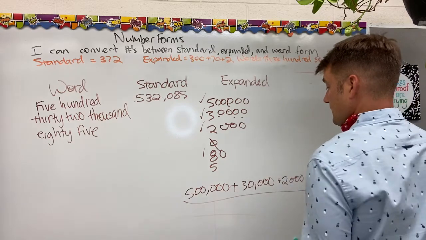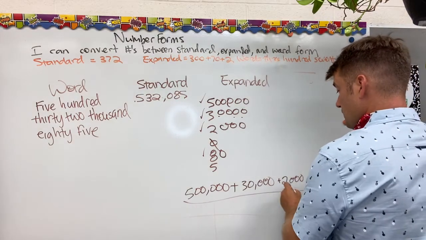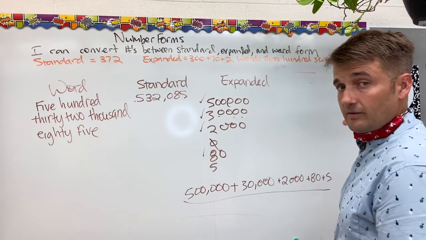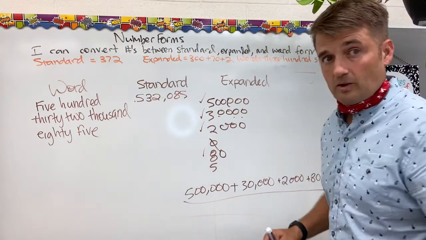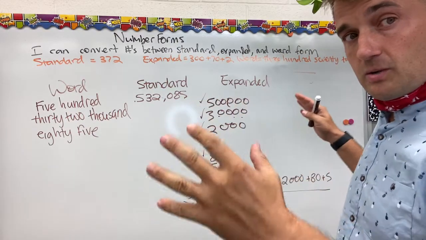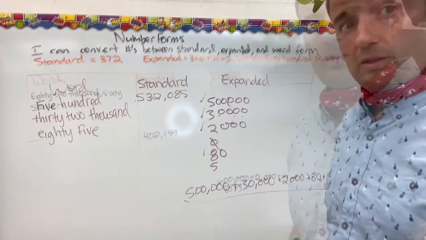All right, 532,085. Okay, so hopefully that will help you. And in the next segment, we're going to jump right into a chart and converting between the three different types.